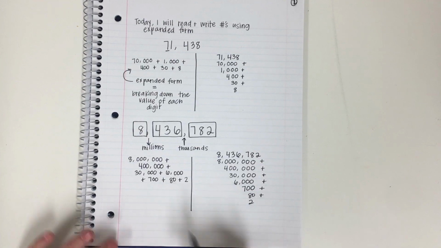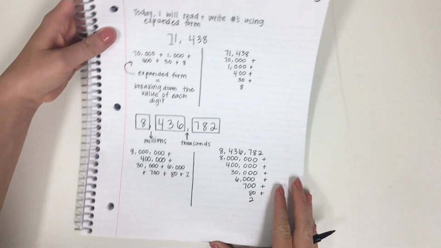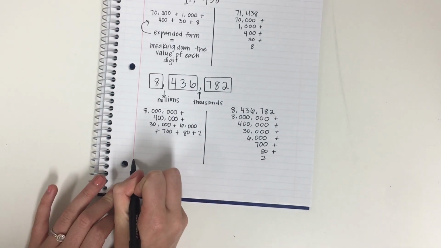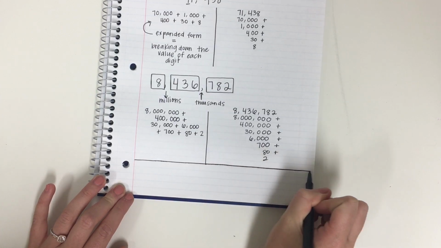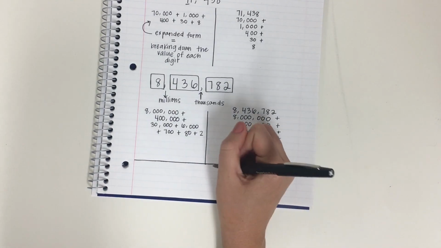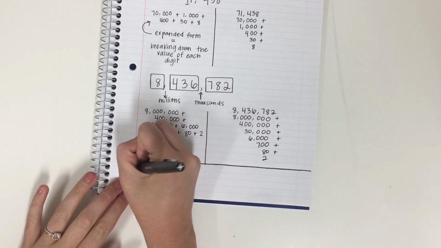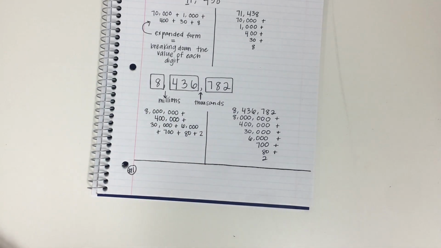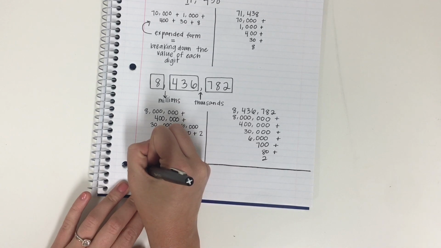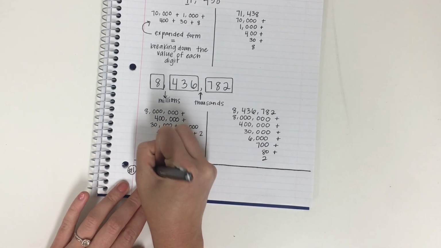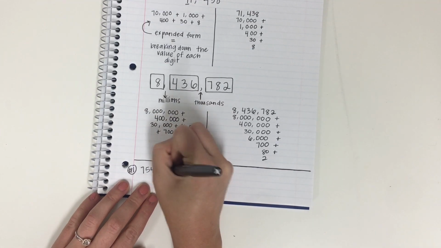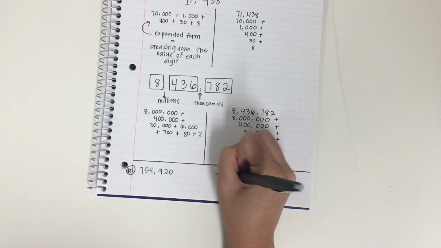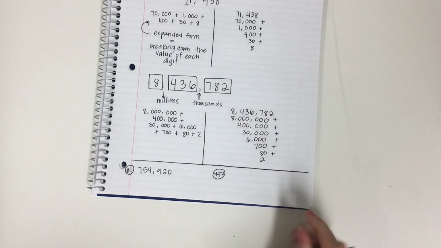Okay, here are the numbers. I'm going to draw a line. These are the two problems I want you to expand. So number 1, let's expand 754,920. And then number 2, if you need to go to the other page, you can. I'm just trying to squeeze it in here.